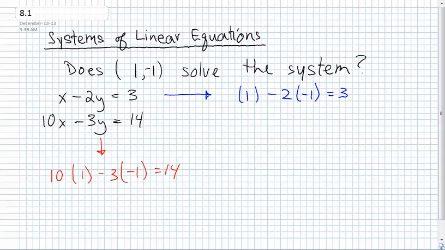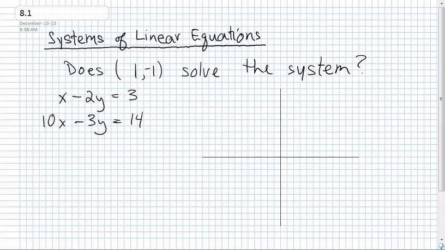What that means then is that the point does not solve the system, but it looks like it's really close. And why don't we take a moment just to graph that, and we'll sort of see how close that point is to solving both of them. All right, so there we have both graphs on the same plane there, and it looks like that point does solve it, but we already saw that it didn't, but it looked really close.